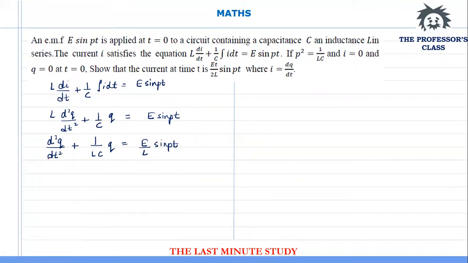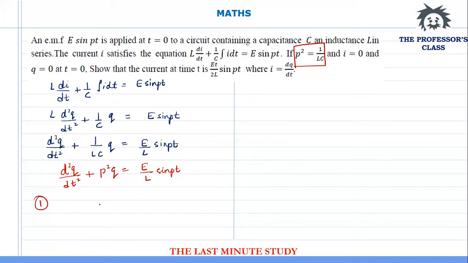The first part, I'll solve on the left hand side. Now over here, one important thing has been given, that p square equals 1 by LC, and I can see 1 by LC over here. So I can write d square q by dt square plus p square q is equal to E by L sin pt. So I use this part of the question.